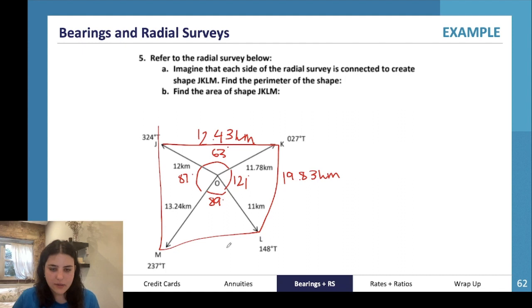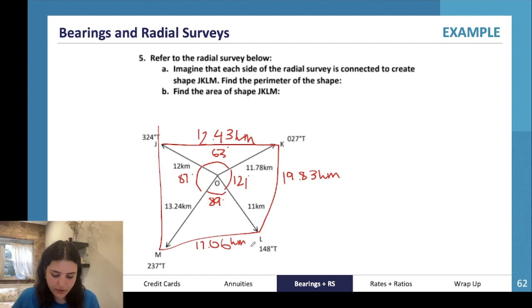The next one, so 11 squared plus 13.24 squared minus 2 times 11 times 13.24 times cos 89. And that's going to give us, once square rooted, 17.06 kilometers.